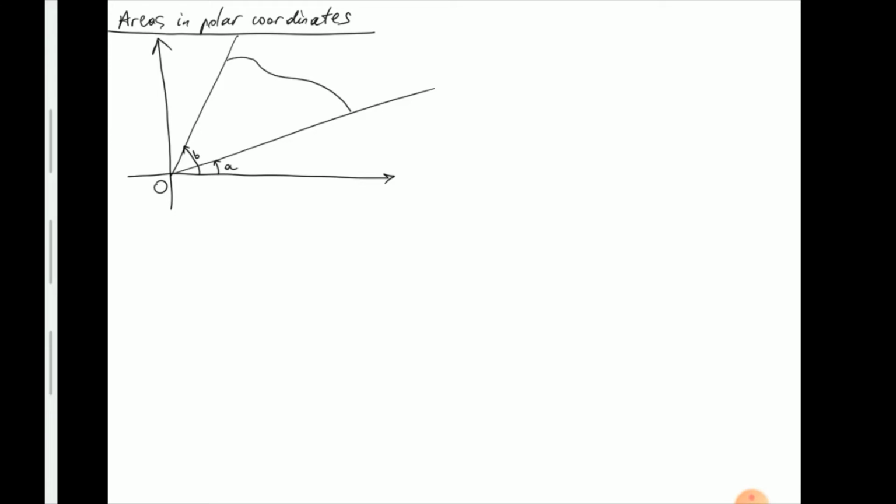So take a moment obviously to sketch this picture. This application, the computation of the areas in polar coordinates that I want to cover, is for a region that follows this type of boundary. I mean, the region defined in the following way.